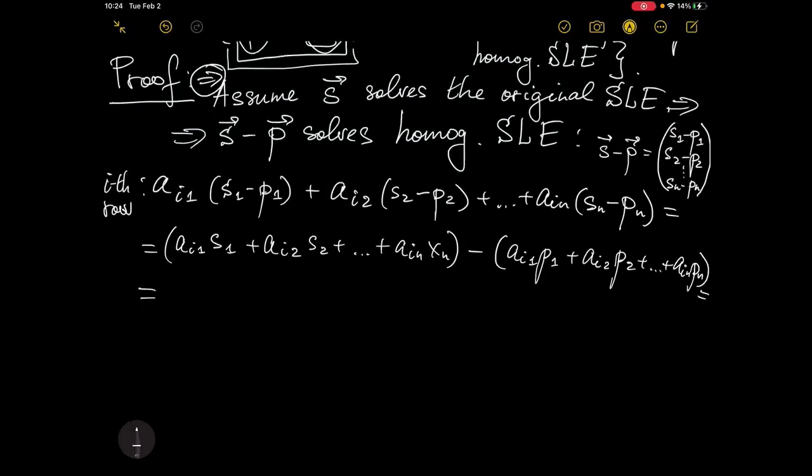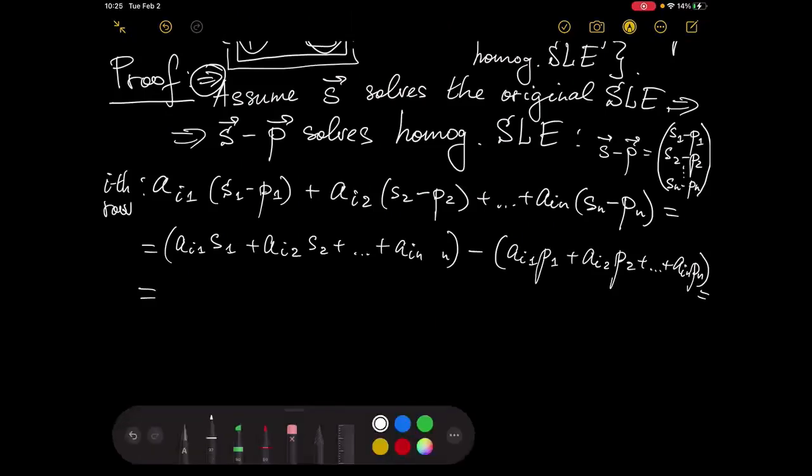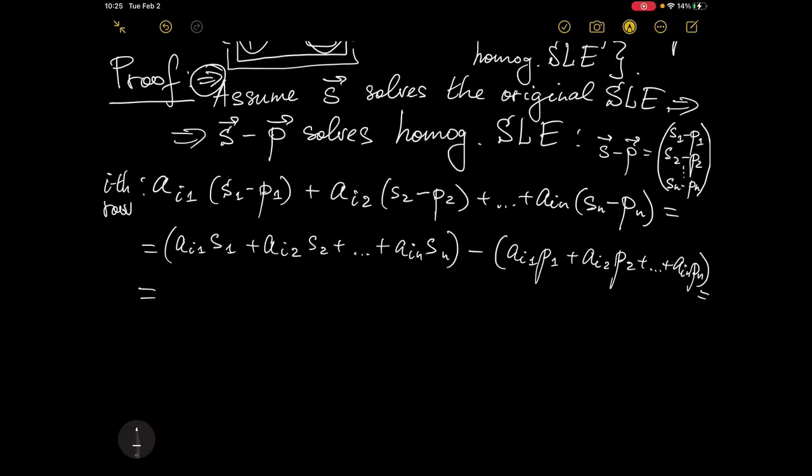Professor, I think you got an X where you should have an S, Xn. Oh, yes, thank you very much, I was trying to write it too fast. But as we know, S is a solution of our original system of linear equations, so it's equal to the corresponding right-hand side.